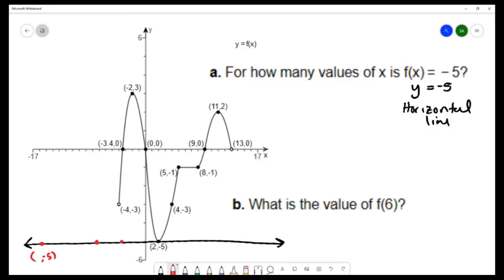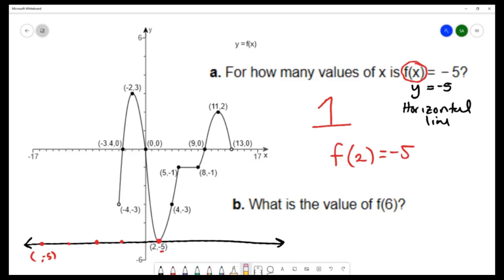Now we're interested in only the ordered pairs that are on the graph. We only have this one ordered pair on the graph that has a y-coordinate of negative 5. So we can say there is one x value in which f of that x value is negative 5. F of 2 equals negative 5.